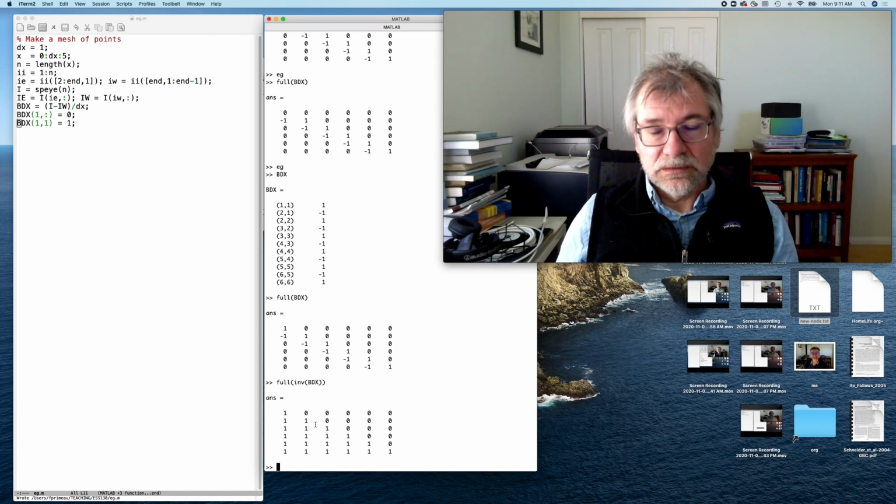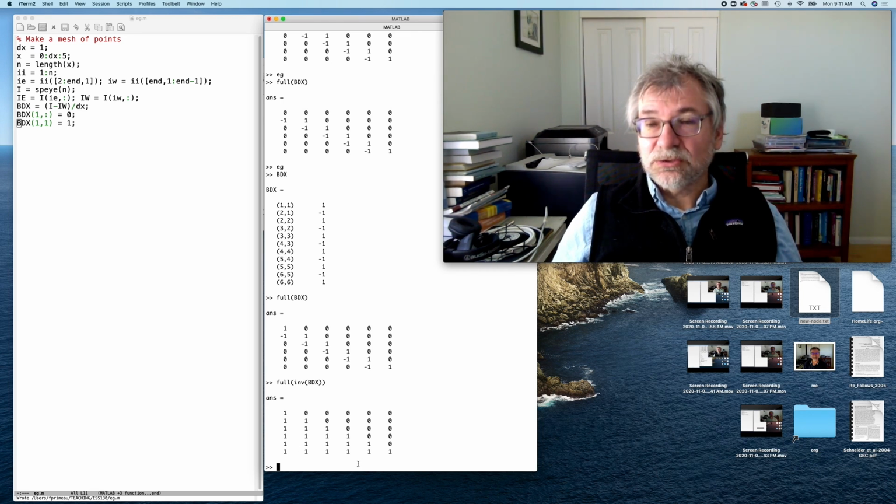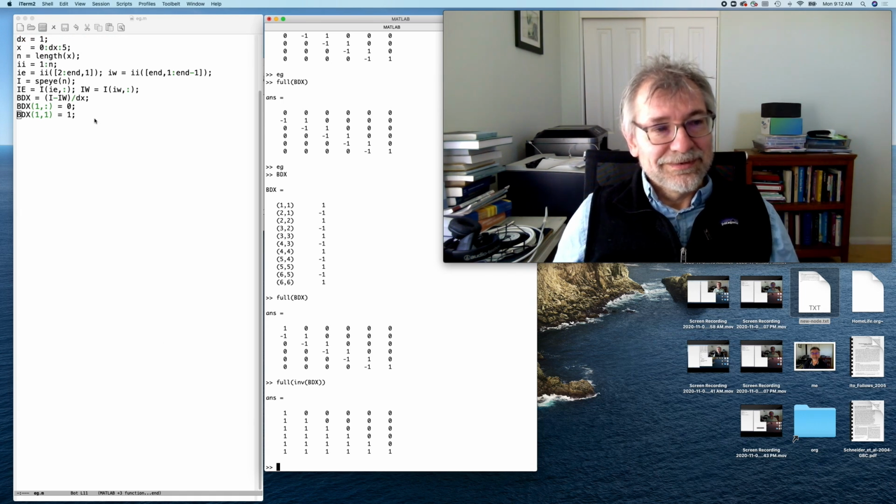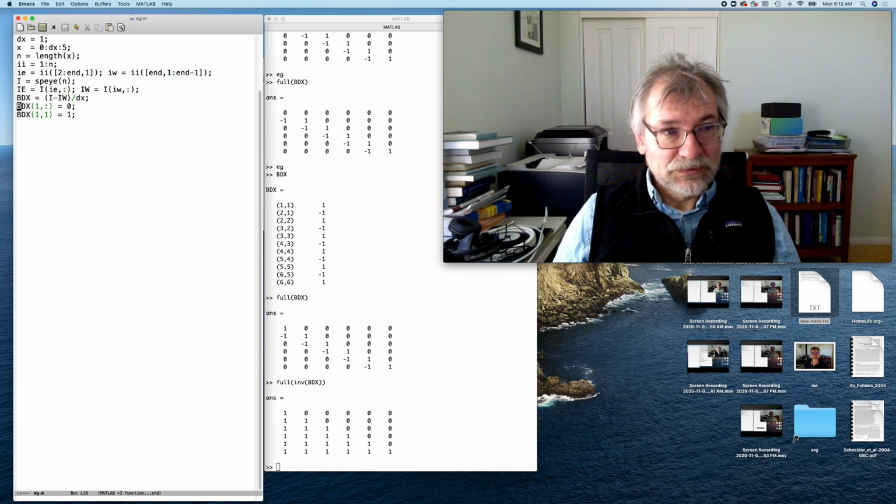The second one will be the sum of the first 2 points, then the sum of the first 3 points, first 4. So it produces the analog of a cumulative sum, which is the discrete analog of an indefinite integral. So this looks a lot like an indefinite integral, and in fact that's what it will be in the limit where I make dx go to 0.